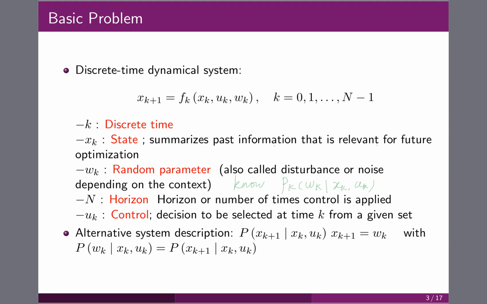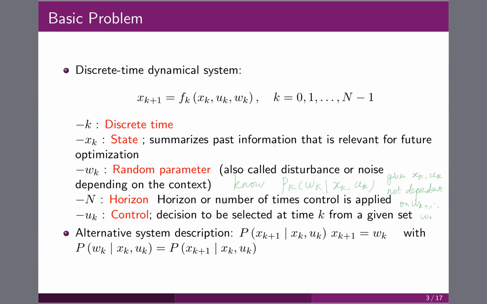And omega k does not depend on the historical noise w_{k-1} down to w_0, given x_k and u_k, because x_k has summarized all past information.